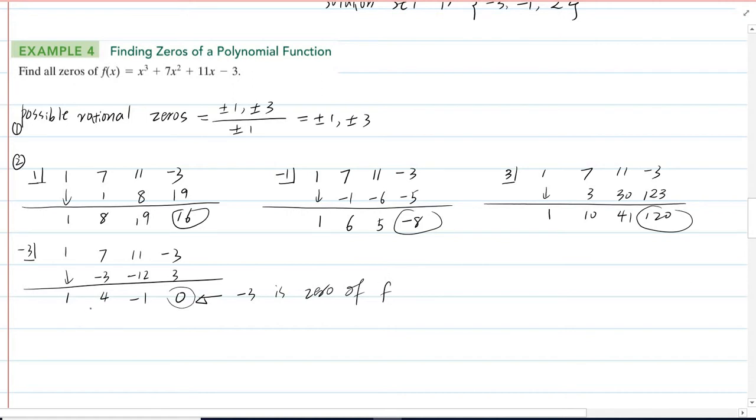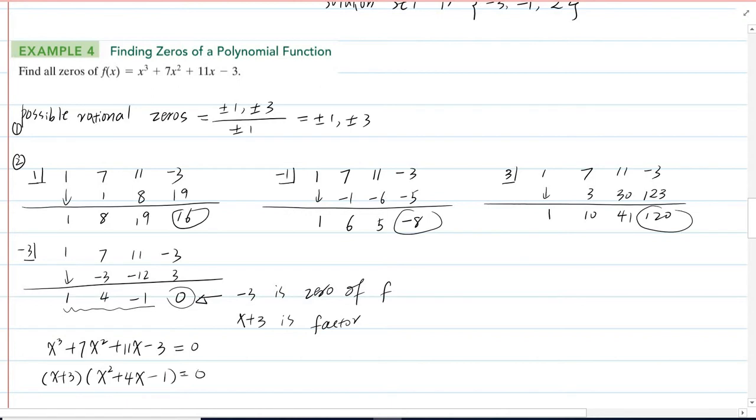So once we have this, that implies x plus 3 is a factor. So now we're going to rewrite this as x cubed plus 7x squared plus 11x minus 3 equal to 0. So we know this x plus 3 is a factor. And then here, from this part, we also get x squared plus 4x minus 1.